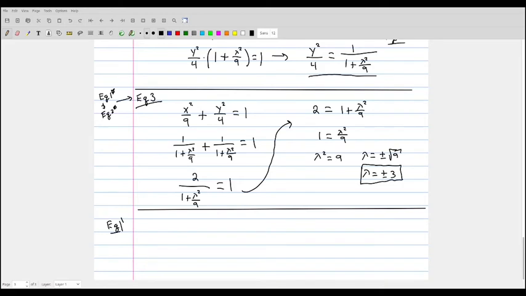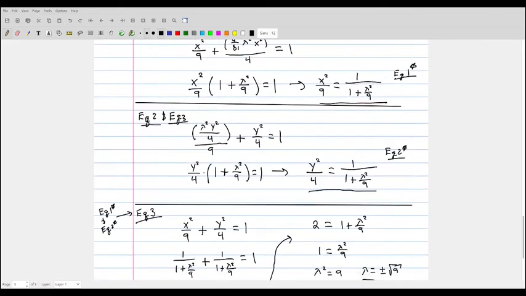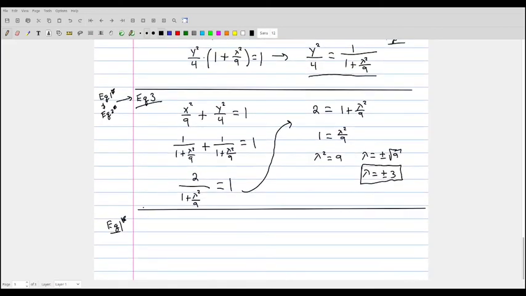If we now take another look at equation 1 star, it gives us x squared over 9 is equal to 1 over 1 plus lambda squared over 9. And if lambda is plus or minus 3, then lambda squared is going to be equal to 9. So x squared over 9 is going to be 1 over 1 plus 9 over 9, which is 1 over 2, or 1/2.